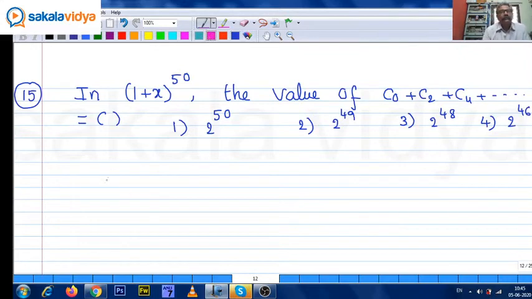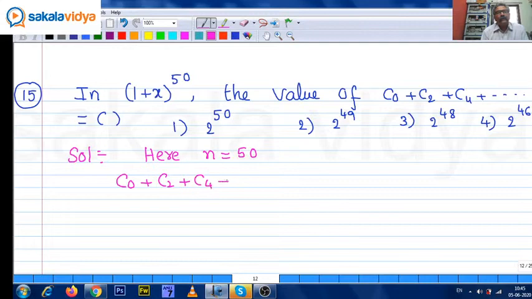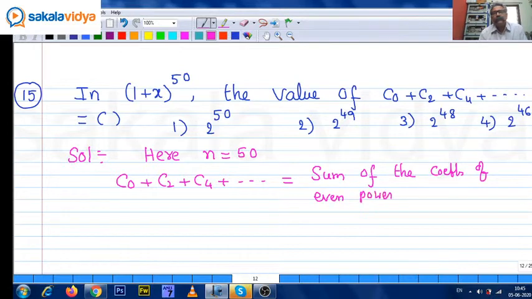Here, see the solution. Here n is equal to 50. Now C0 plus C2 plus C4 plus and so on, this is nothing but the sum of the coefficients of even powers of x, which is equal to 2 to the power of n minus 1.